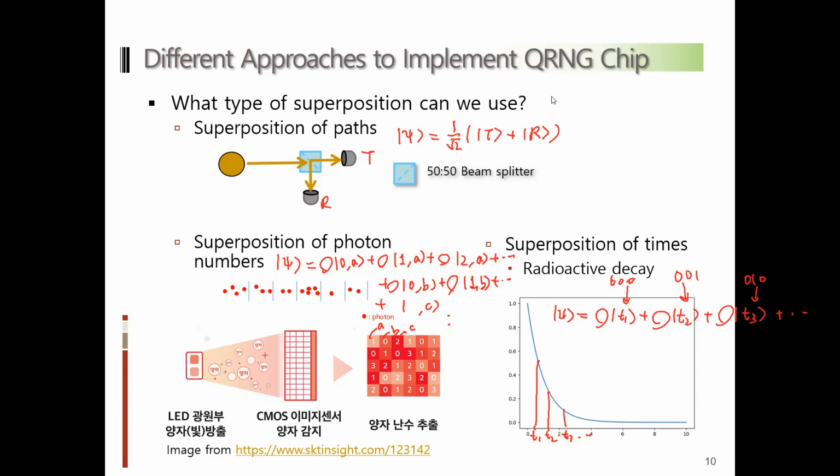All the explanation I gave you, or the protocol I showed you on the previous page, is how we can use the QRNG chip to enhance the security of the classical communication system. Again, this is not quantum cryptography, so don't get confused when you read an article about the QRNG chip.